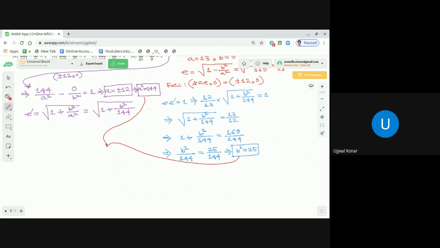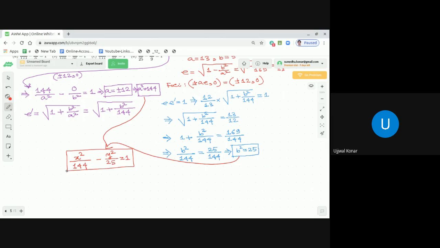Now, if we apply these values, then what is the equation of the hyperbola? That equation of the hyperbola we get as x square by 144 minus y square by 25 equal to 1.